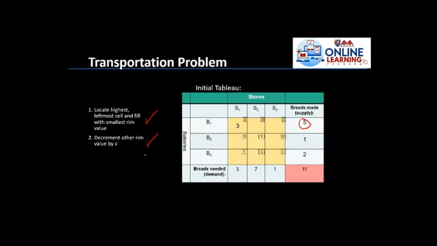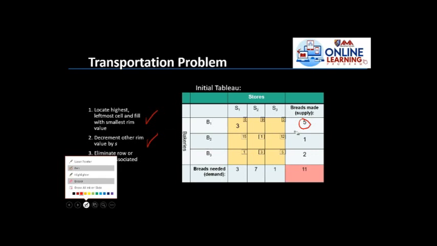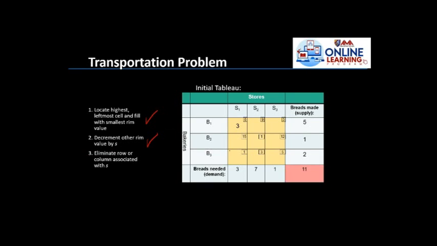Let's go with the third step. Eliminate the row and column associated. What do you mean by that? Associated with S. So, yung associated with S, guys, ito yung kanina. Ito di ba yung nilagay natin ng value? Associated column and row. Now, from that, guys, you remember sino ang nabawasan?